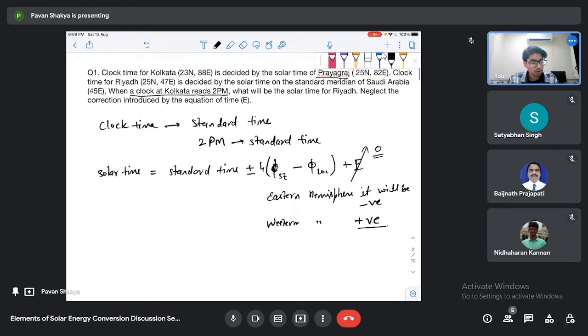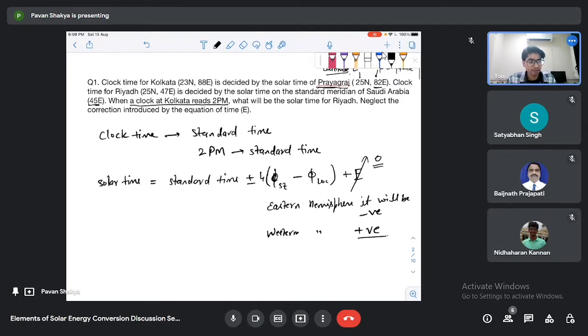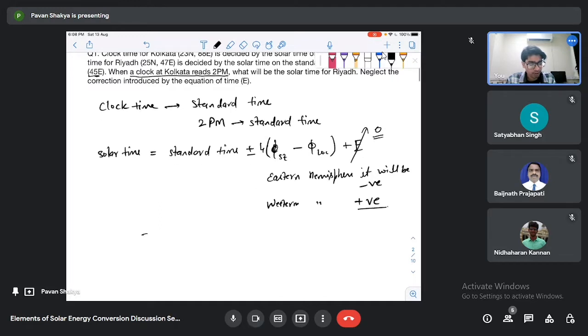Now coming to our problem, both the locations, Saudi Arabia at 45 east and our standard location Prayagraj, are to the east of the prime meridian. So the formula for us will be: solar time for Saudi Arabia equals standard time minus 4 times the longitude of standard minus the longitude of local.